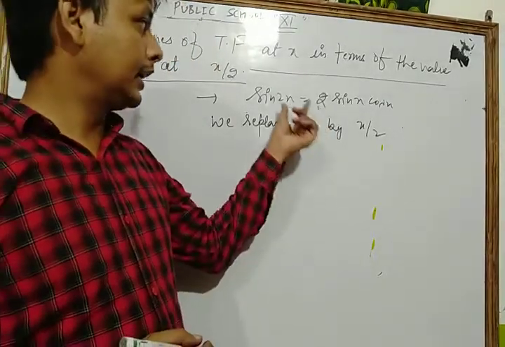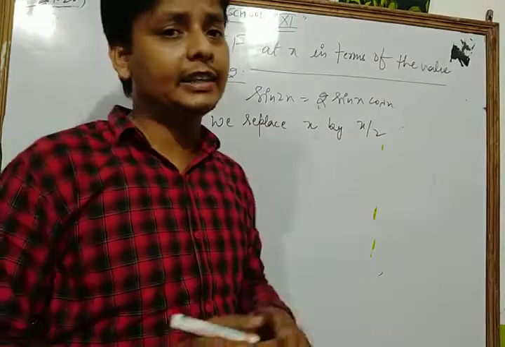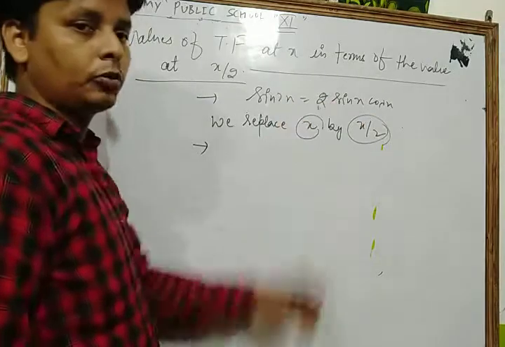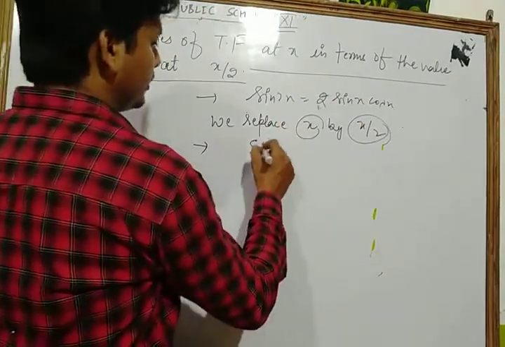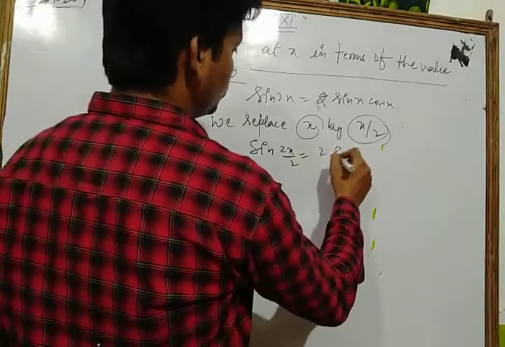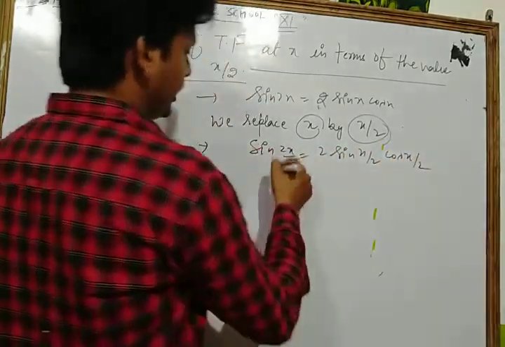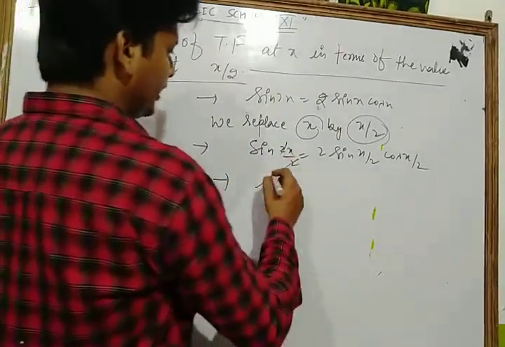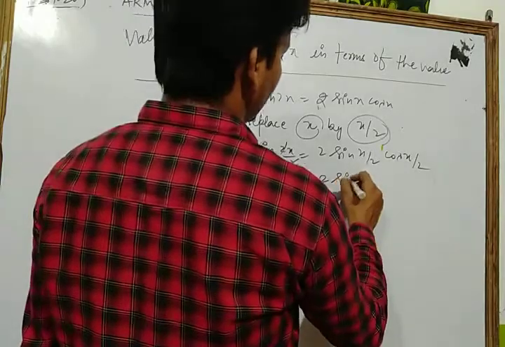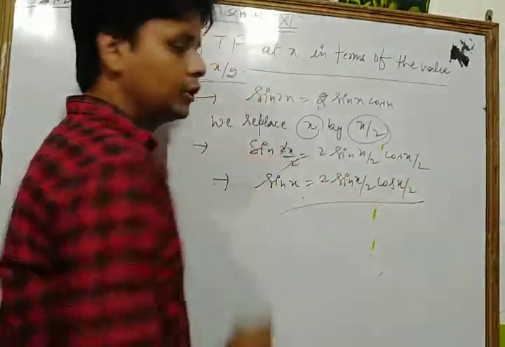Okay, suppose in this formula we replace x by x by 2, then what do I get? Let's see. Sin 2 into x by 2 is equal to 2 sin x by 2 into cos x by 2. Here the 2s cancel each other, so we get sin x is equal to 2 sin x by 2 into cos x by 2.